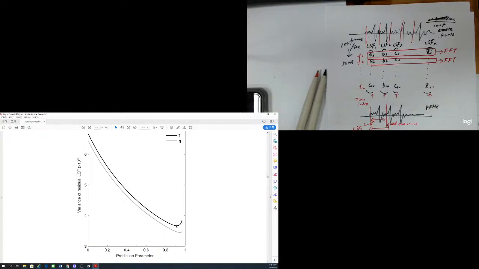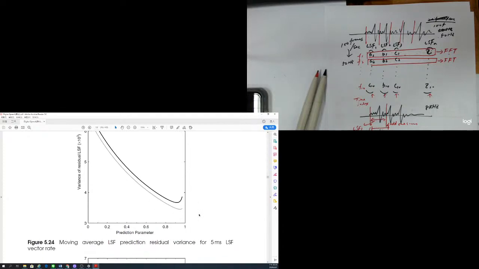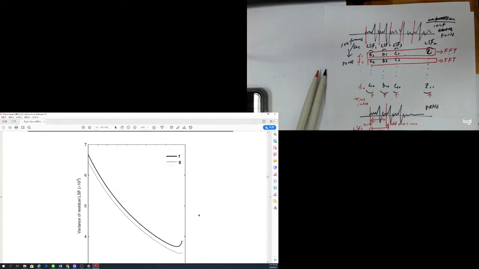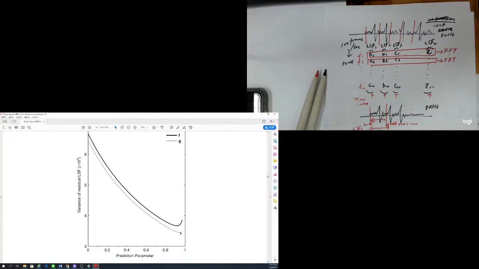So the neighboring line spectrum pairs have high correlation. If we use the original one, F1 is the original and the other is after the low pass, their correlation will be higher, and your residual variance becomes lower because you are using the low-pass filter.